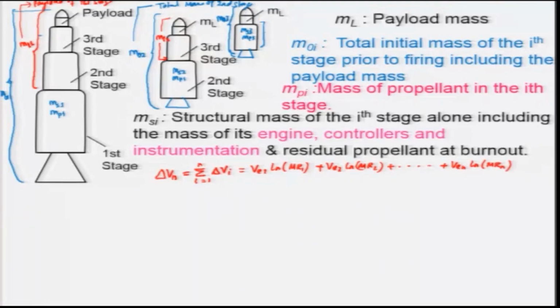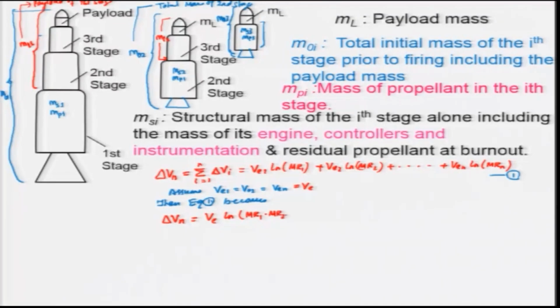So, therefore, we can look at the summation, and if we assume VE1 is equal to VE2 is equal to VEn, then we can write this, let us say equation 1, becomes delta Vn is equal to VE ln of mr1 times mr2 up to mrn.